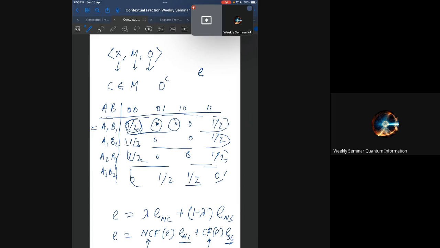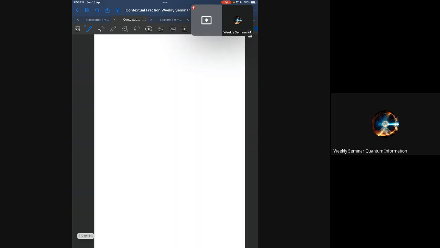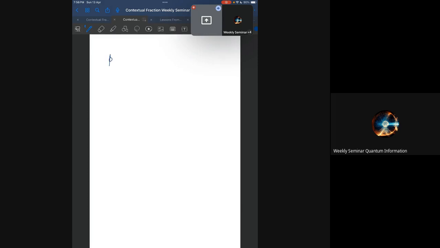And actually your PG is not that. Your PG is actually the probability of AB as well as their outputs. Let me write explicitly what PG is. I am writing one of the PG.